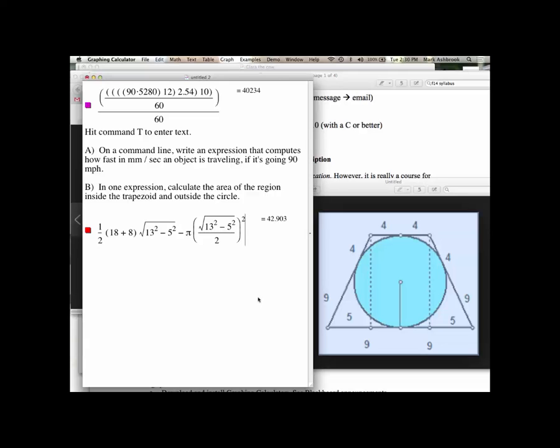What's nice is you have computer functionality, copy and paste. You could copy part of this, start a new command line, paste it into a new command line. You can cut, all that stuff, right? You can come in here and just change one number and it automatically gives you the new result. As you force yourself to use this, then this is all you'll want to use. You'll never reach for a handheld again. You'll always want to use this because it's so convenient, okay?